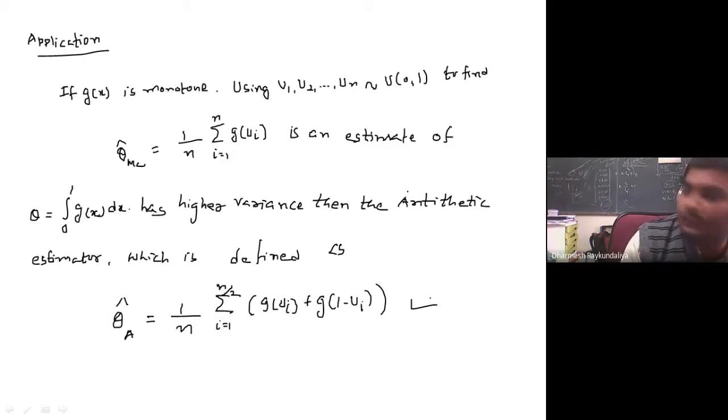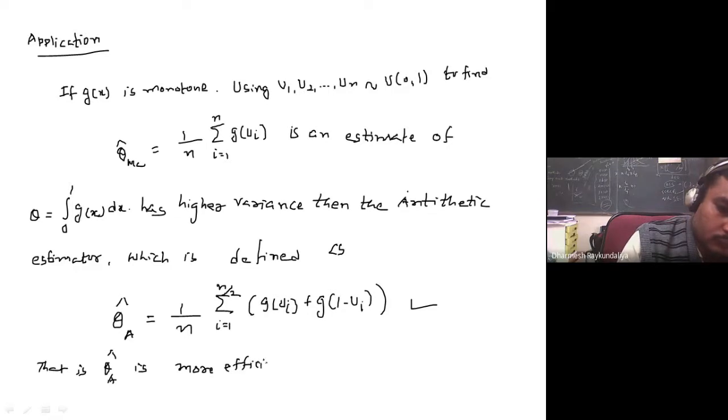So what we say is that variance of theta A cap is lower than the variance of theta MC cap. It means that theta A cap is more efficient than theta MC cap.